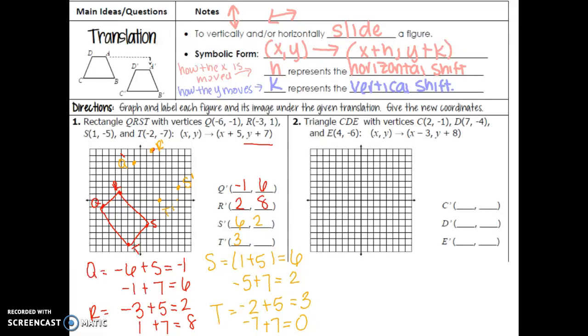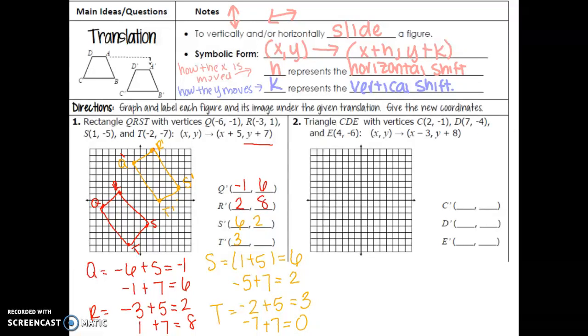That's T prime. So once I connect it, that is going to be my translation. We slid our original figure, moved it a couple spots, and that is going to be our new figure.